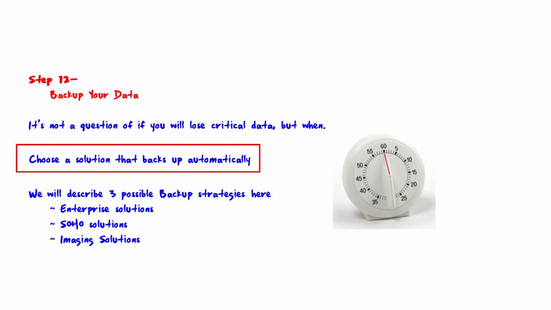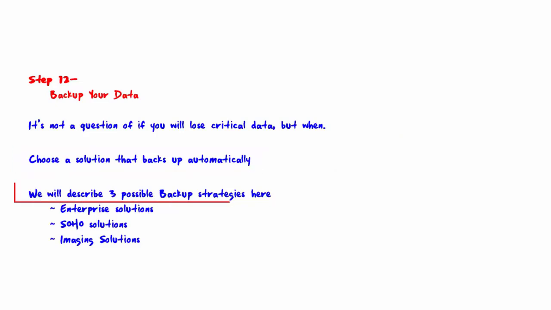That said, you want a solution that backs up automatically without having to remember to do it and lets you know if the backup is not running properly. We will describe 3 possible backup strategies here. The first is enterprise solutions.